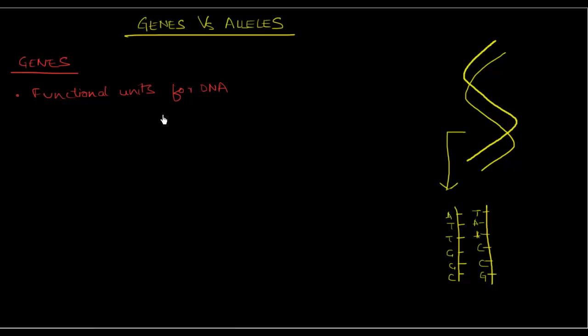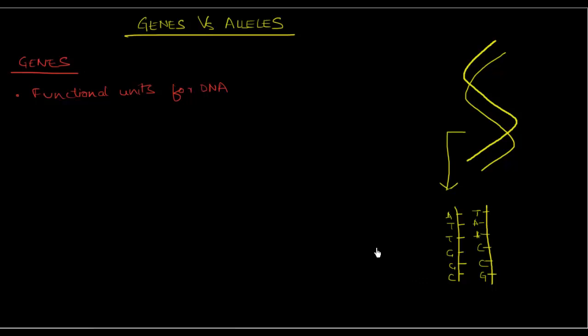What exactly do you understand by functional units? A functional unit is the smallest entity in the structure of the DNA. If you understand the function of this basic entity, which is a gene, you can probably understand the entire structure and function of the DNA. It's just the smallest unit.